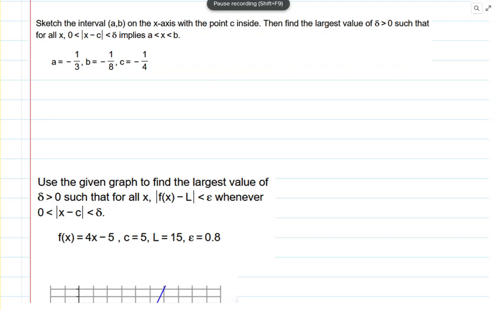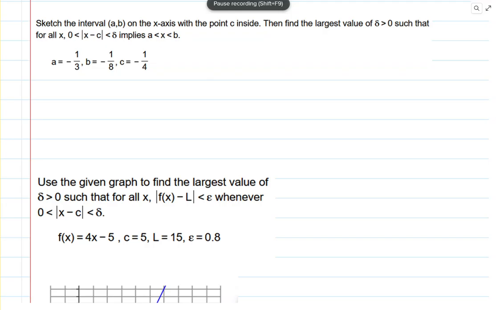Can it be outside of AB? Well, no. It's a parameter. It lives somewhere in there. We have to figure out what it is and other things with this. On the x-axis, which means it's the domain area of this limit, with the point C inside.